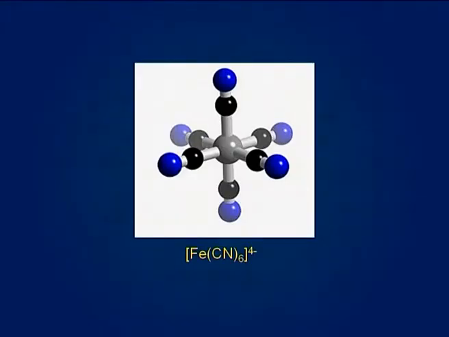With d2sp3 hybridization, inner orbital octahedral complexes are formed, and with sp3d2 hybridization, outer orbital octahedral complexes are formed. Here is an example of a complex with octahedral stereochemistry, [Fe(CN)6]4-.